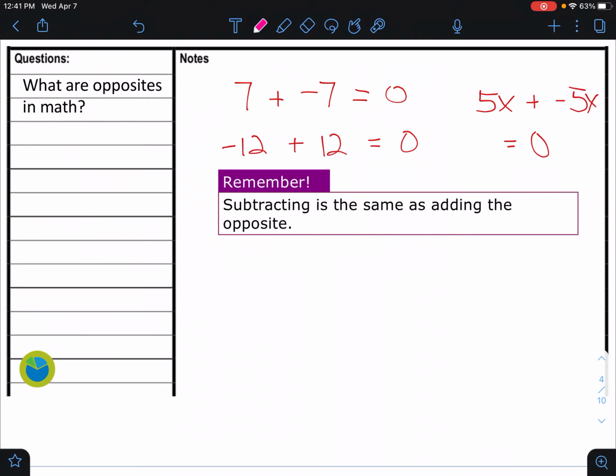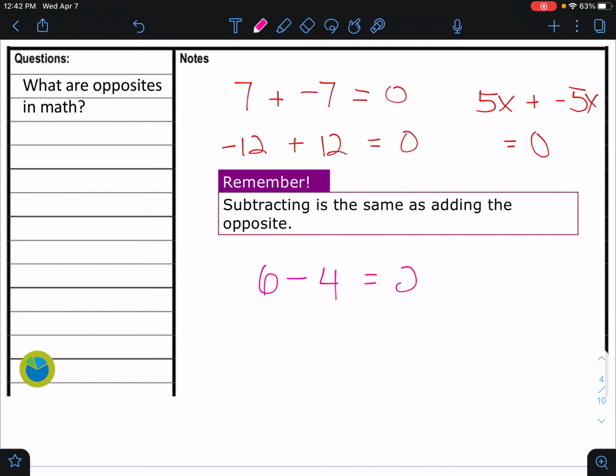Let's say I have 6, and I subtract 6. Well, we know that that's 0, right? But let's say I have 6 minus, let's just keep it simple, 4.